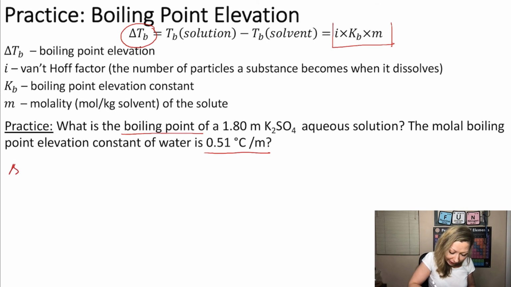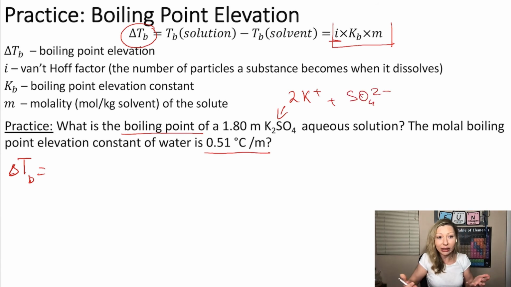So delta T_B equals i, which is the Van't Hoff factor. So we need to know how many particles we will have, and that is actually equal to 3, right? Because we are going to have 2 potassium ions and 1 sulfate ion as it dissolves in water.